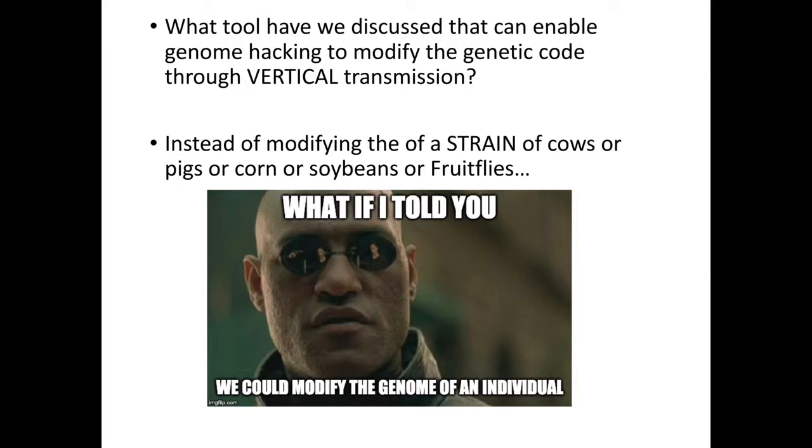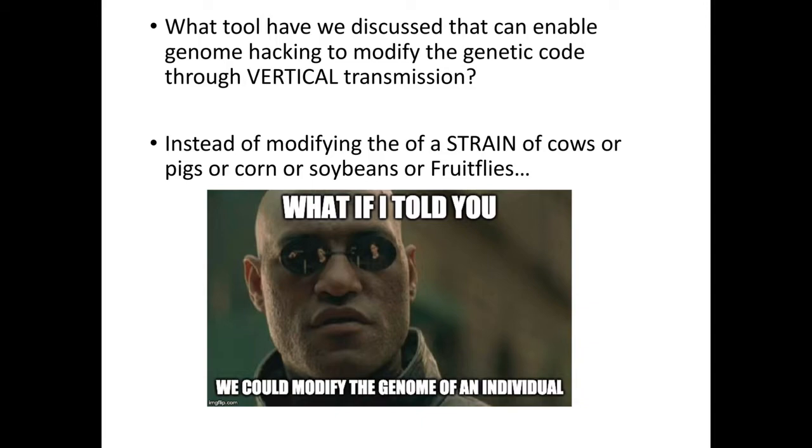You can modify the germline so that it would transmit it to the next generation. And that's how we make genetically modified organisms. So we would modify a strain of cows or pigs or corn or soybean and so on and so forth. And the way we would do that is we would use a transposable element because they can carry payload into the germline, and then they can transmit that to the next generation.